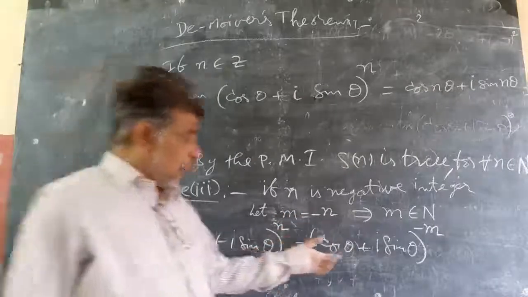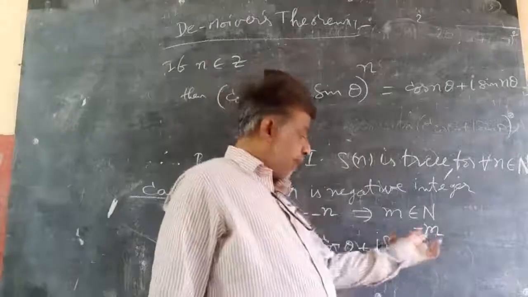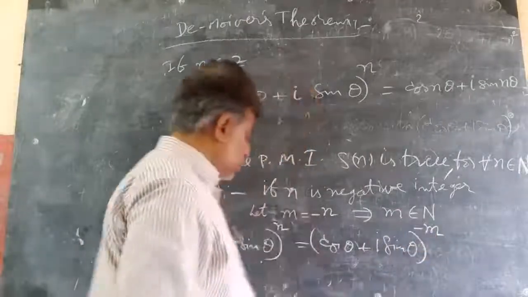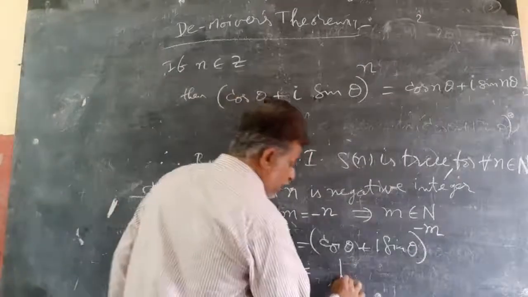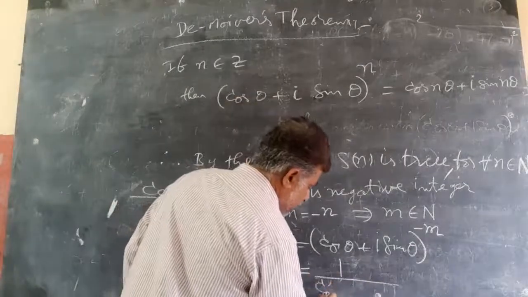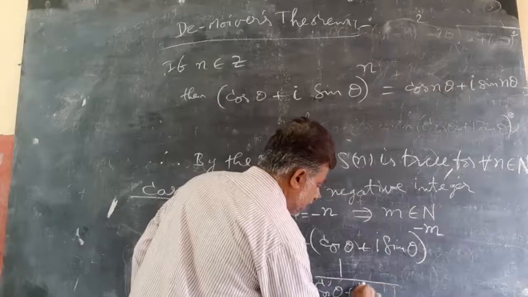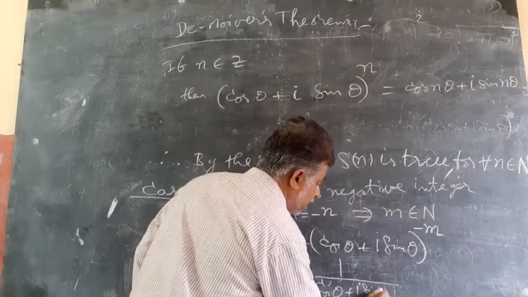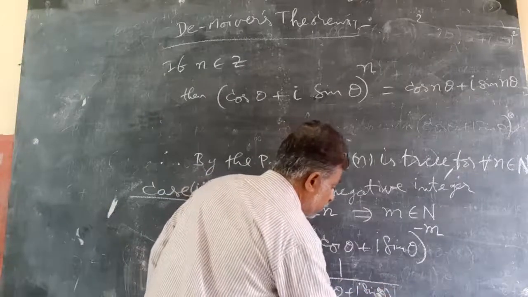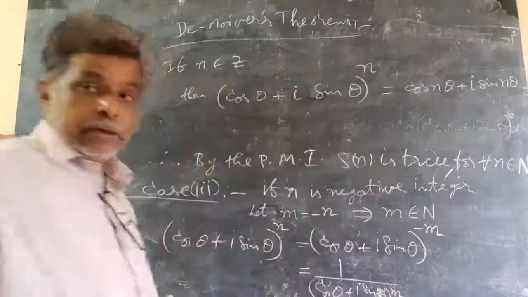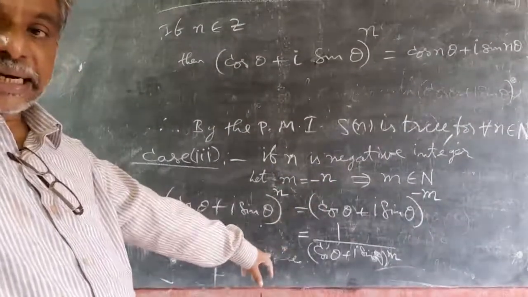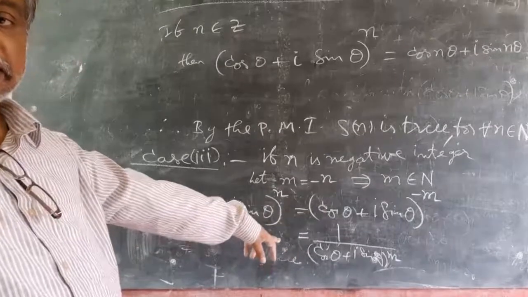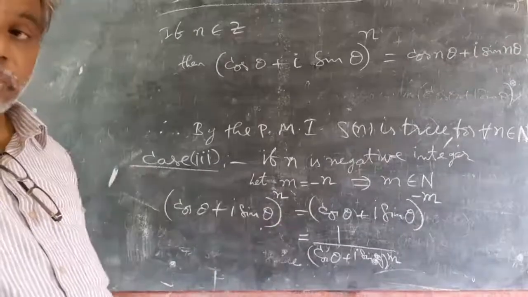Now, whole power minus m means 1 by this; I can write the reciprocal. So whole power minus m means 1 by cos theta plus i sin theta, whole power m.